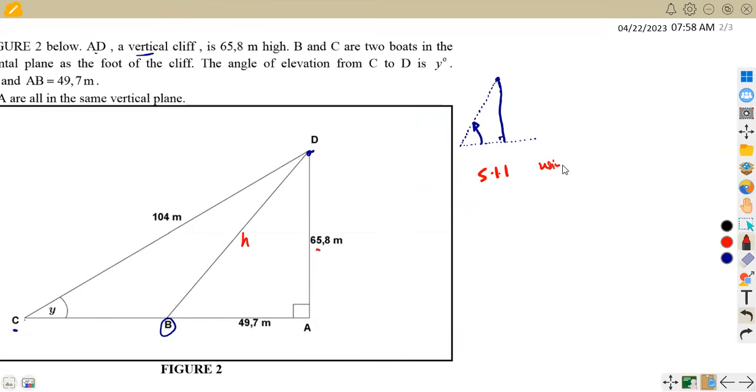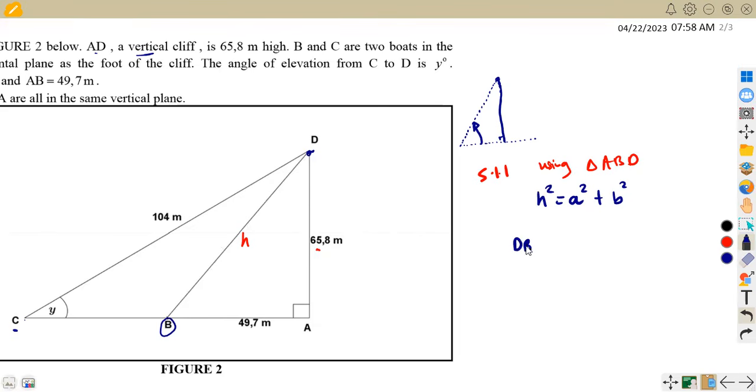Pythagoras theorem states that the hypotenuse squared is equal to the sum of the squares of the two shorter sides. The hypotenuse is the side that we have to calculate, which is DB in this case.